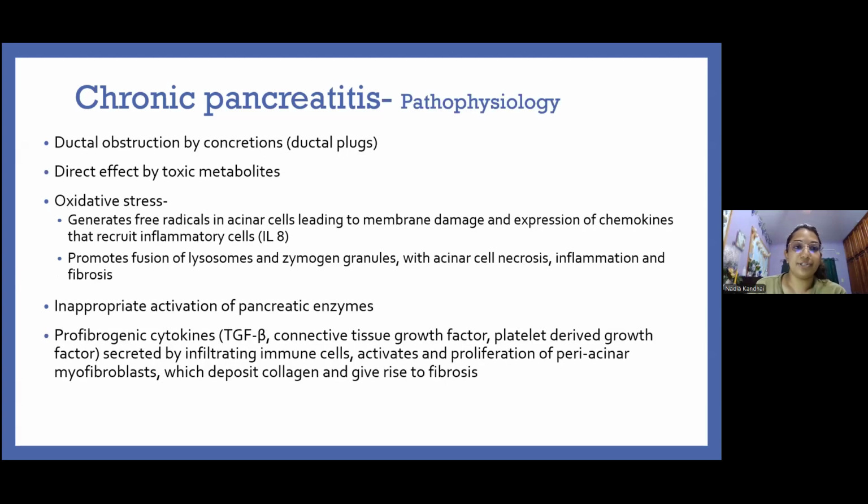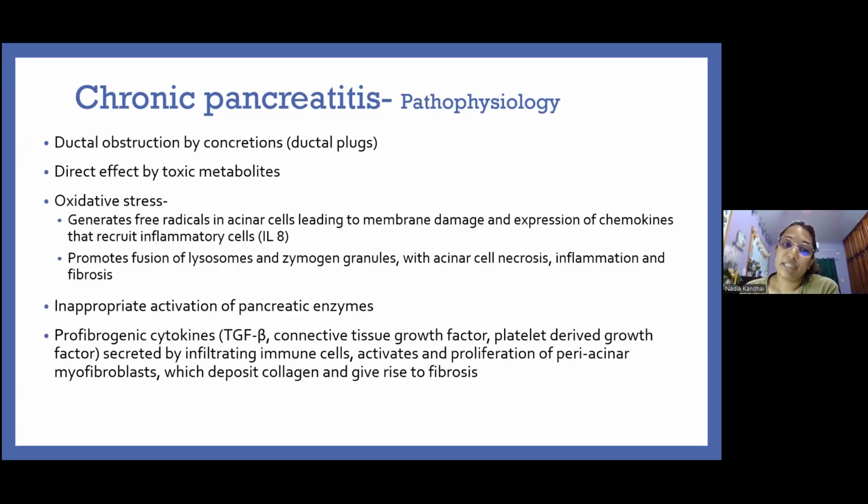The pathophysiology involves ductal obstruction by concretions, which form the ductal plugs. There can be direct effect by the toxic metabolites of the alcohol. Oxidative stress generates free radicals in the acinar cells, leading to membrane damage and expression of the chemokines, which then recruit inflammatory cells, which also promotes fusion of the lysosomes and zymogen granules with progressive acinar cell necrosis, inflammation, and fibrosis.